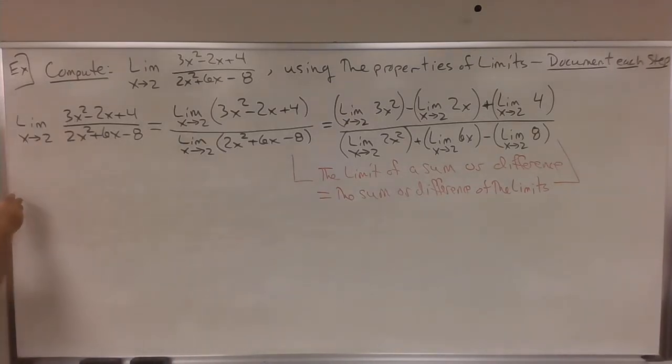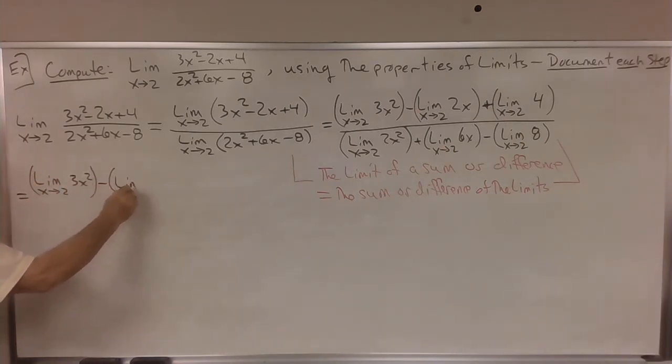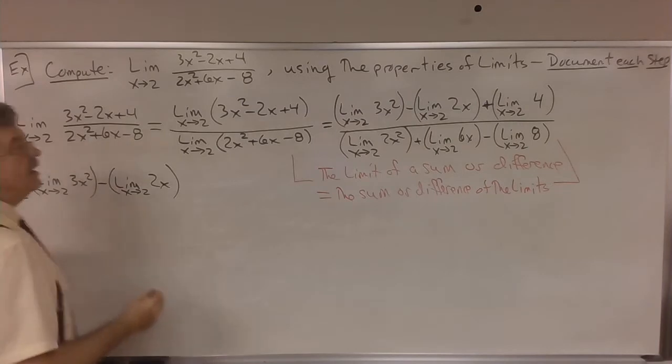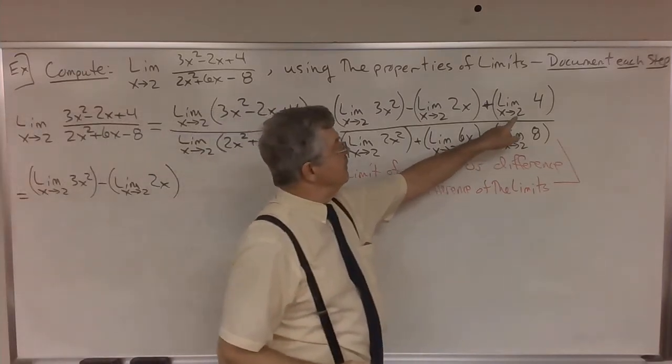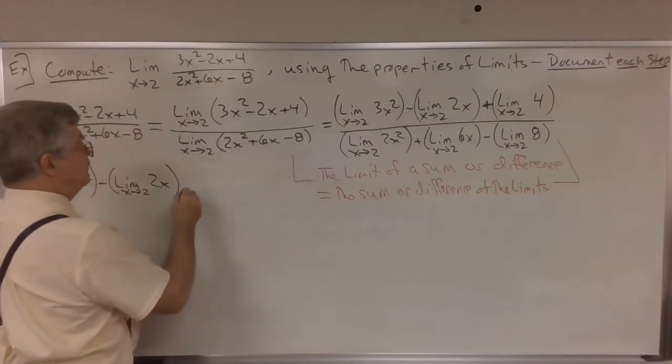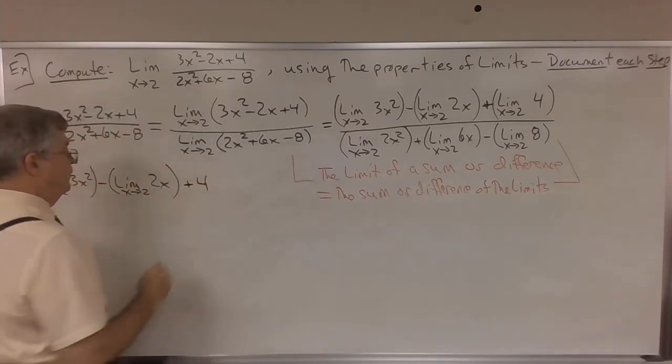So we have equals the limit as x goes to 2 of 3x squared minus the limit as x goes to 2 of 2x. And then we have the limit of a constant, 4 is the constant itself.